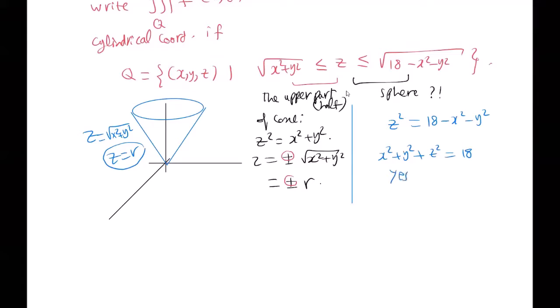Yes, sphere. So here we have a hemisphere. Which hemisphere, Mahmoud? Upper or lower? Upper hemisphere, yes, because of the positive sign. I'm sure now it's a sphere, and we take this part of it.